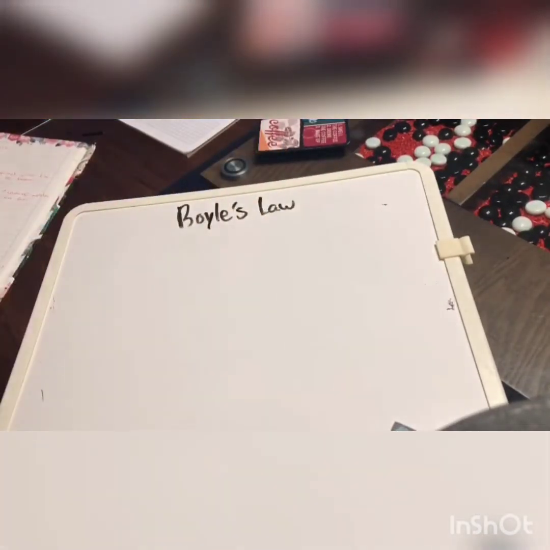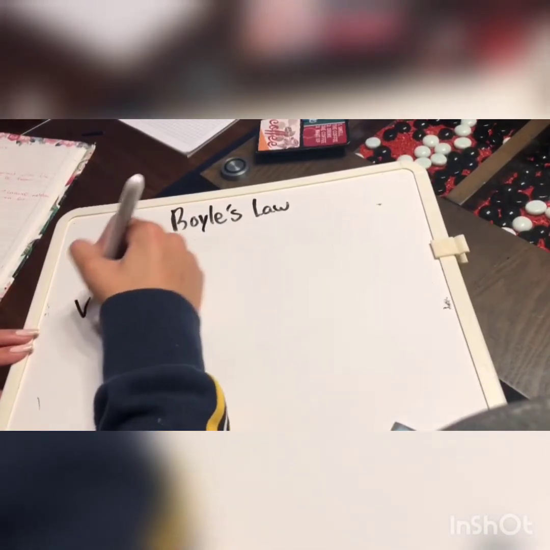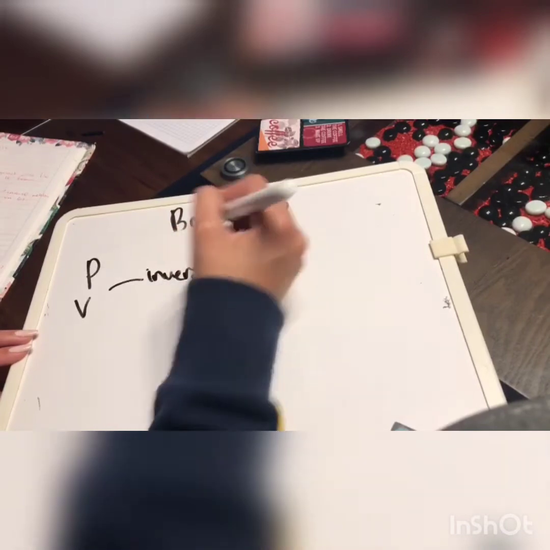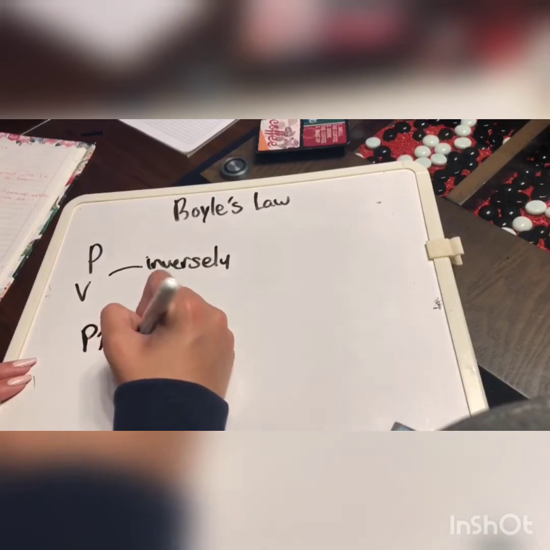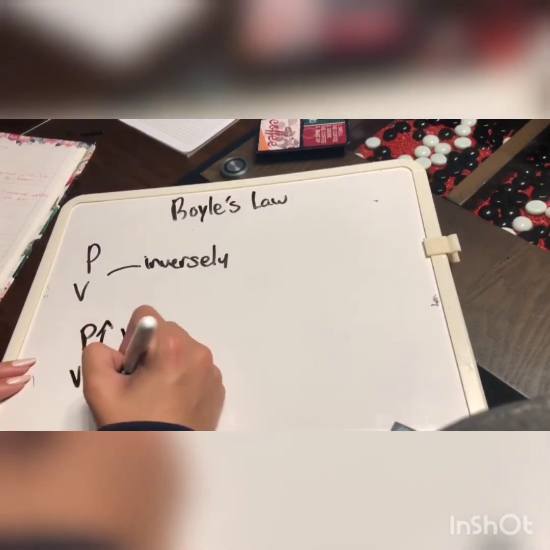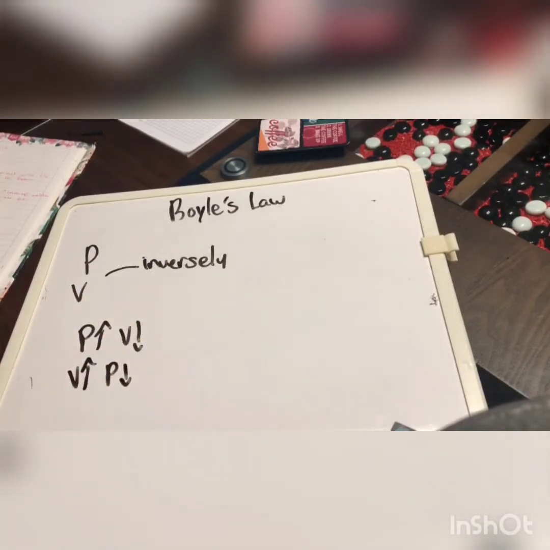So Boyle's law was invented by Robert Boyle, and it says that pressure and volume are inversely proportional. So if one increases, the other one will decrease, and inversely. So gas particles bang against the sides, and the gas pressure will be higher.